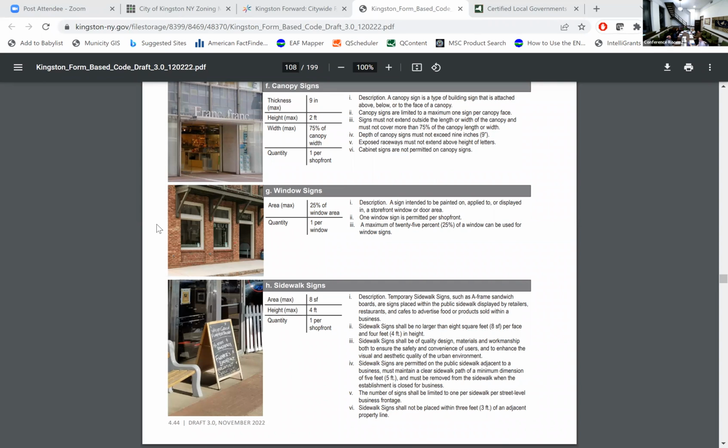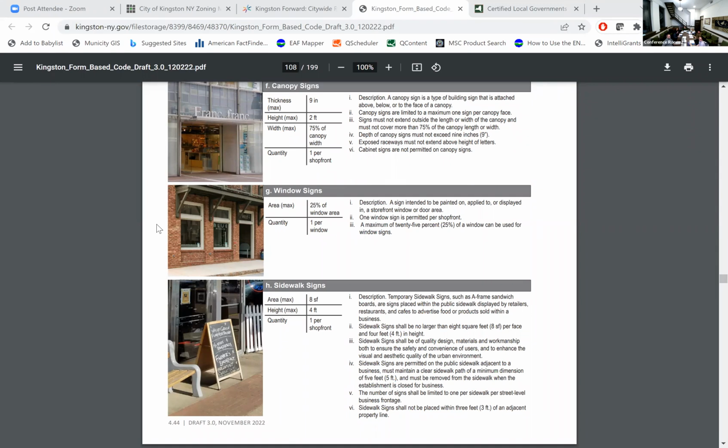Quality design, materials, and workmanship are required. They're permitted on the public sidewalk adjacent to the business, have to be maintained, and need to provide a clear sidewalk path of 5 feet. Limited to 1 per sidewalk per street level business frontage, and not placed within 3 feet of adjacent property lines.